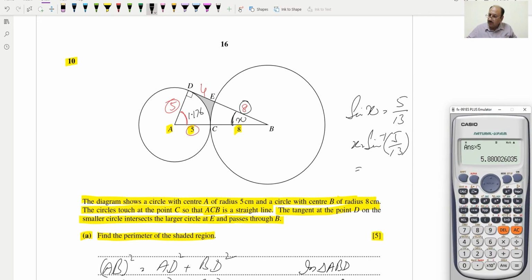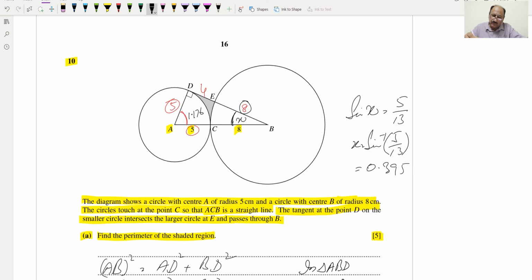So shift sine of 5 over 13, bracket close, and this is equal to 0.3947 or 0.395.